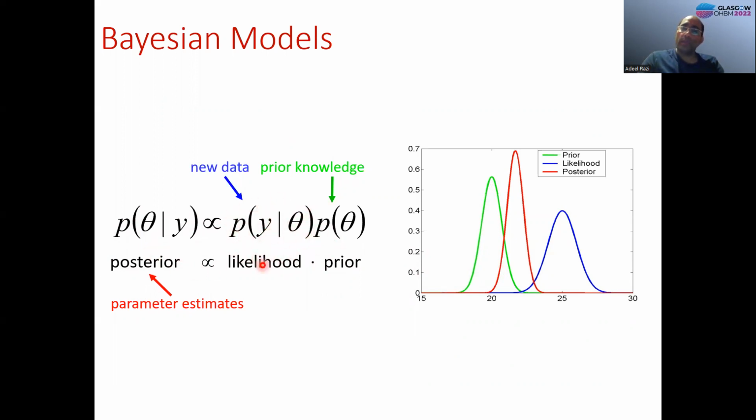Once you have seen some data and you have a prior, you want to see what the posterior is, the probability of your model parameters given some data y. So these are the three constituents of any Bayesian model. These are the posterior estimates that we are usually interested in. So these are the effective connectivity.